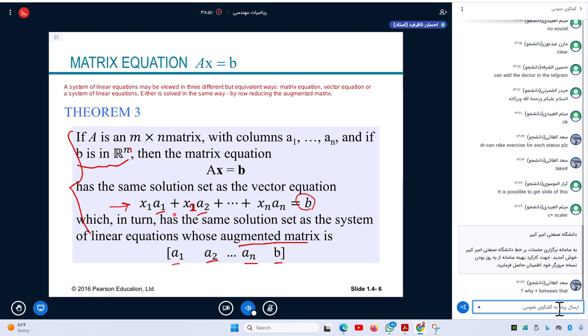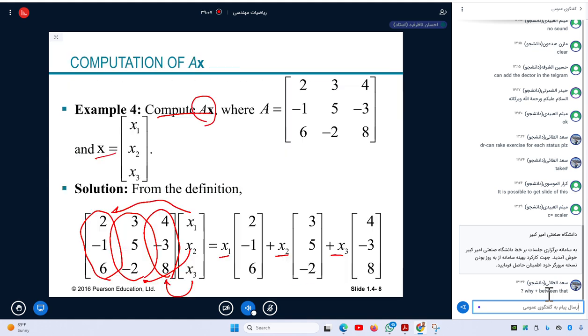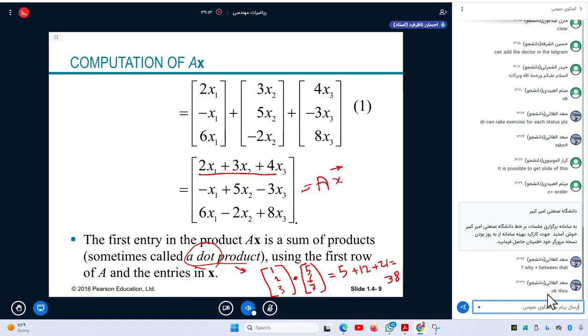So we have this plus between them, and then at the end we reach the final answer: 2x1 plus 3x2 plus 4x3, and the second and third rows.